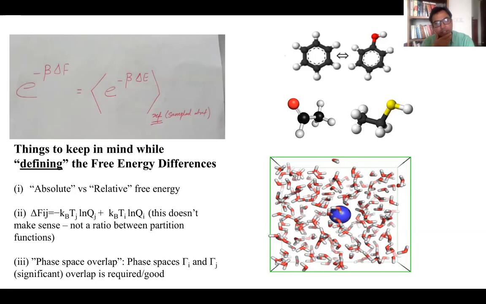A few things will become more clear when you do the exercise, and you don't have to worry about generating these trajectories. Actually, I have these trajectories where I have a simulation of an uncharged particle with a certain excluded volume in water and then at different charges, okay? And so we'll do it that way.